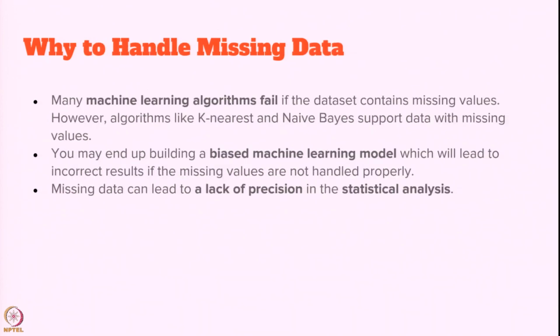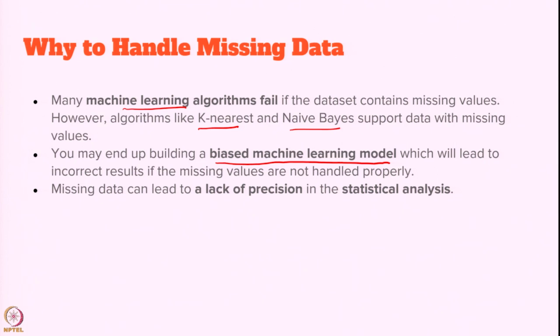How to handle it? To understand that, we have to know why we have to handle the missing data. Most of the machine learning algorithms fail if the data set contains missing values. Some algorithms like k nearest neighbor and naive Bayes work even if the data is missing. But most of the algorithms fail if the data doesn't contain proper information or it contains missing values. Also, you may end up building a biased machine learning model that may not give you the accurate or optimal result.